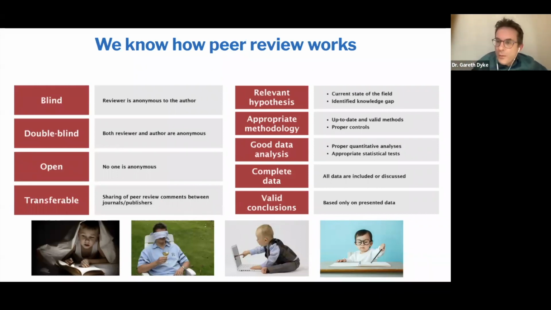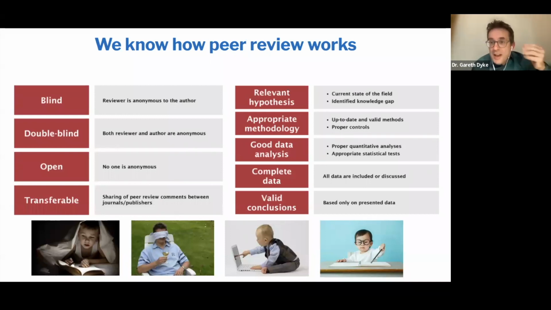So for example, Nature Publishing Group has a manuscript transfer system. If you send a paper to Nature and it gets rejected, but you feel the comments are valuable, you can have those comments transferred to another journal, Nature Communications, Nature Genetics, for example, and the editors at that second journal will use the peer review comments from the first set of reviews.